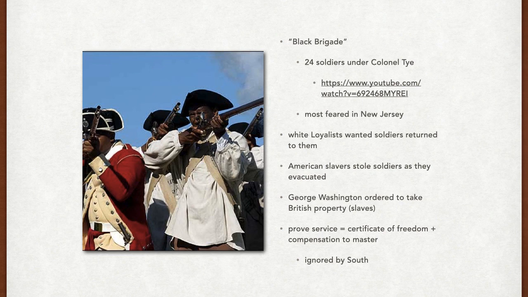So even though they had certificates of freedom, even though they fought on the British side, many were still recaptured. But many made it to Freetown in Canada and London, so there are descendants of those brave former slaves who decided to take up arms and to fight against their former masters, right? And the same thing would happen in the Civil War as well.